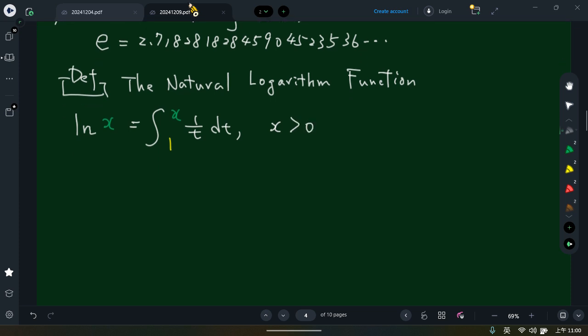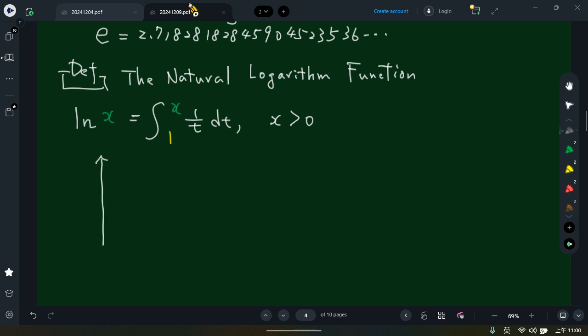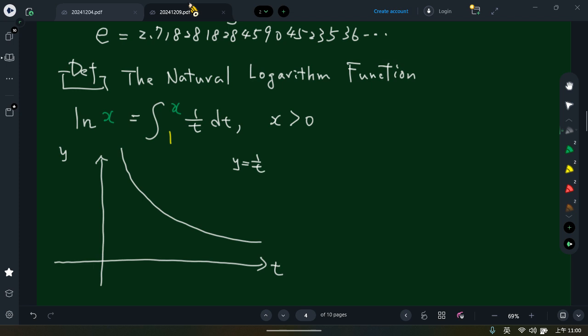So that means it's almost like this: if this is t, then this is 1 over t. There is a start point 1, right? 1 is almost here. This is a start point, but x is a variable.